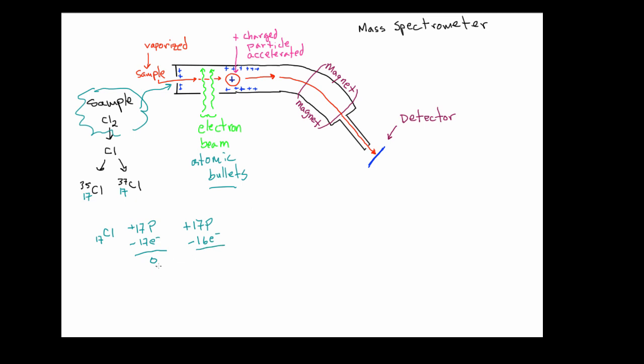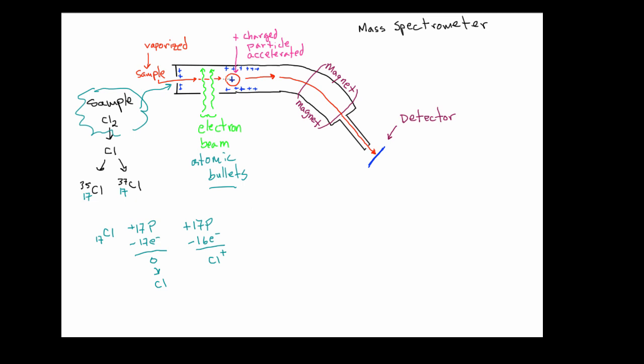And in this case, the Cl is going to be carrying a charge of +1 because there's one more proton now than there are electrons. All right. So now, once the chlorines are carrying that positive charge, they're going to be accelerated down the hallway because the hallway itself carries a positive voltage.